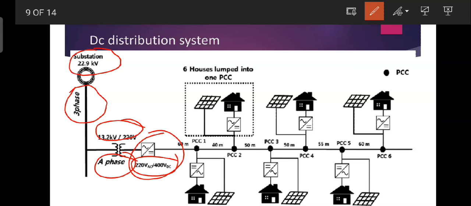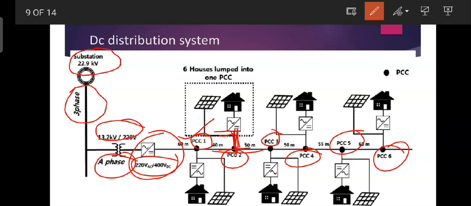And so this is our point of common coupling. PCC means point of common coupling. There is point of common coupling 1, 2, 3, 4, and point of common coupling 5, 6 are connected. So there we use the transmission line with our distribution, with our generation.